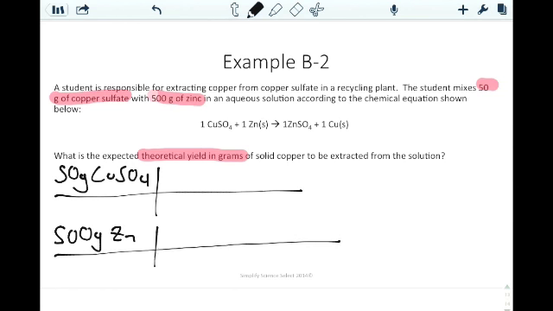Okay, so from here, we're going to need the molar masses. So let's start with our copper 2 sulfate. It has a molar mass right around 160, so 160 grams per 1 mole. Go ahead and set that up.